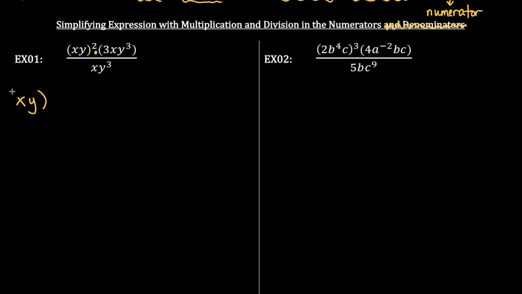xy to the second equals x to the second, x squared, y squared. Okay, so in reality, I have, let's change the color, x squared, y squared, times 3, those parentheses are useless.